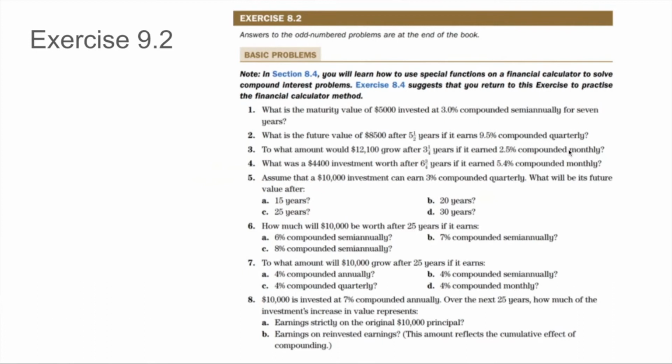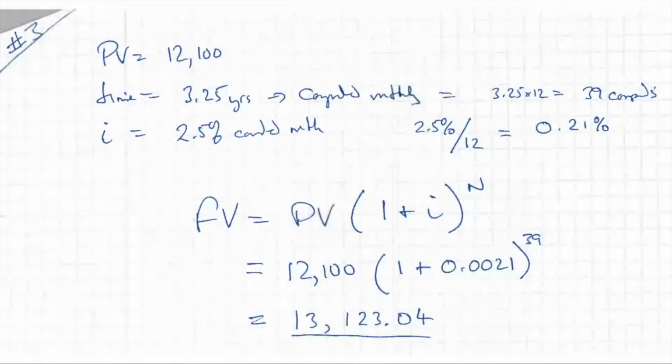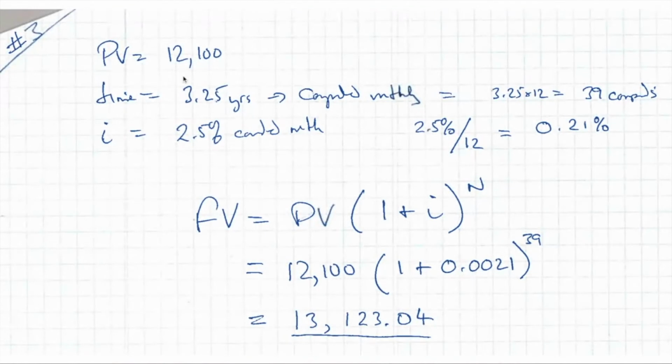So we've got to take 12 times 3.25, and that will give us the total number of compounds. So the present value is 12,100, the time 3.25 years, compounded monthly. We take 3.25 multiplied by 12. That's 39 compounds.